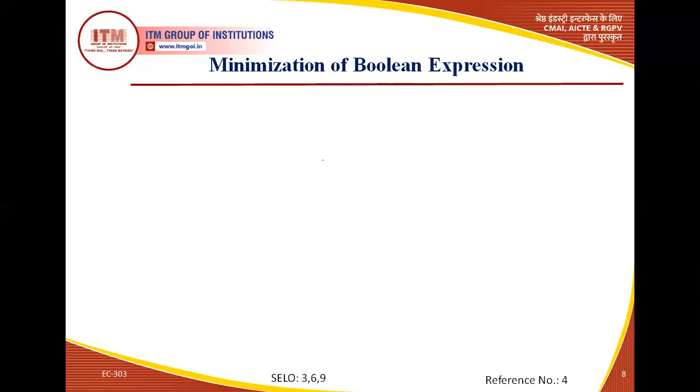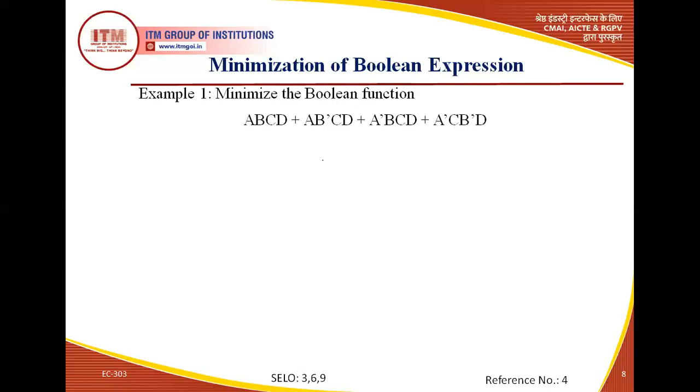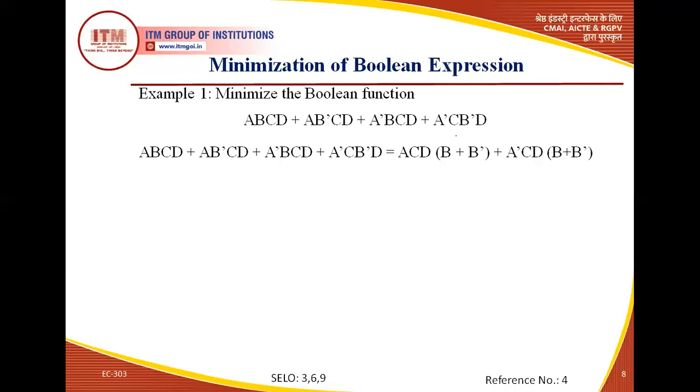By using these properties, we can minimize the given Boolean function. So we take some examples and see how we can minimize it. In the first example, the Boolean function given is ABCD plus AB dash CD plus A dash BCD plus A dash B dash CD. We want to minimize the given Boolean function.